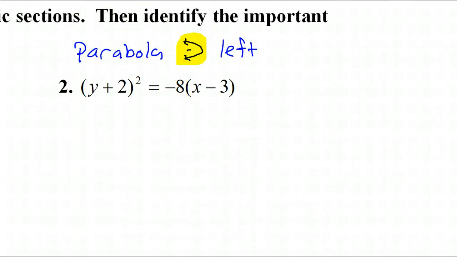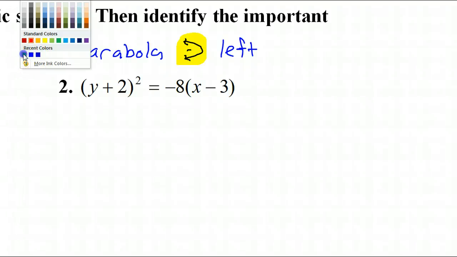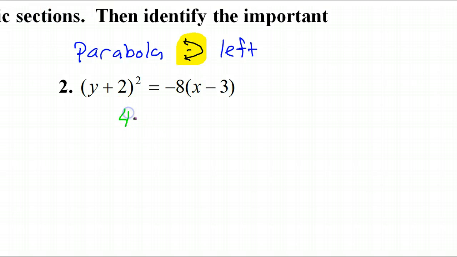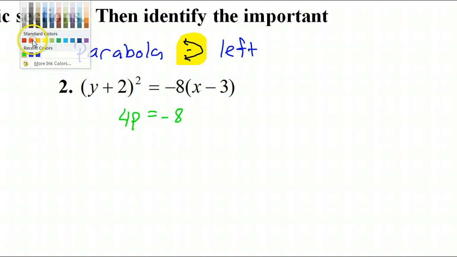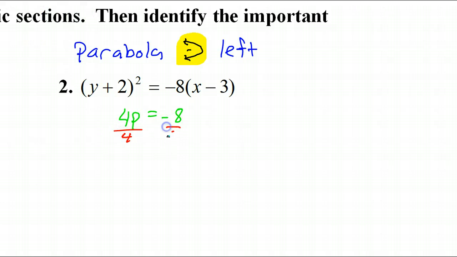Now this -8 is sitting right there. 4p is equal to this number always, and if I divide both sides by 4, that tells me that p is equal to -2.